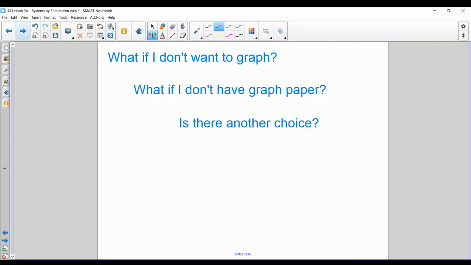So what if I don't want to graph? What if I don't have graph paper? Is there another way to do this? And there's also a time when graphing is not a good solution.